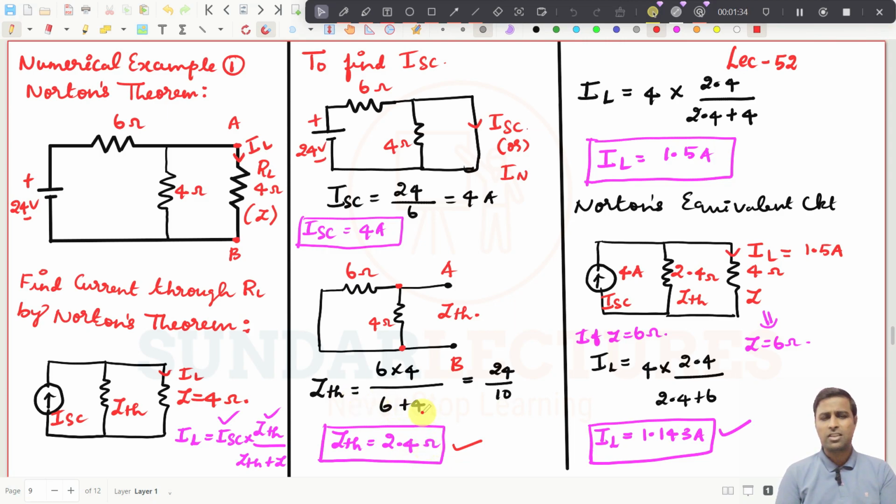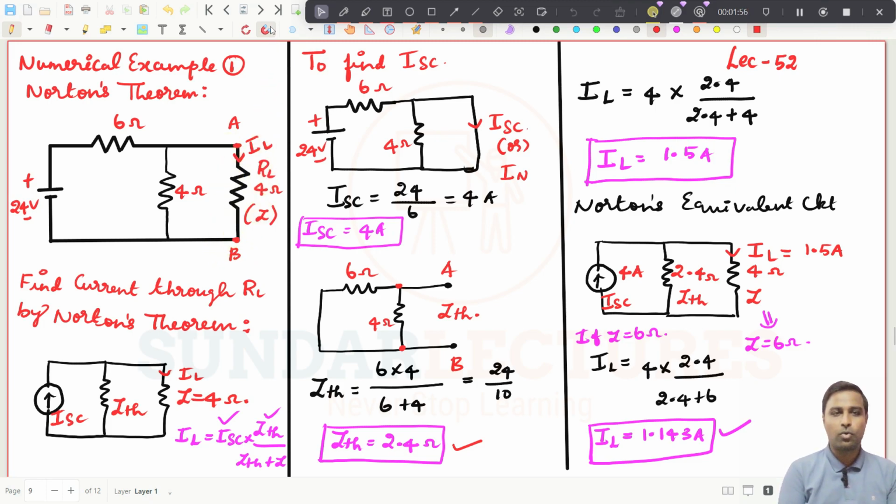The procedure we followed: open circuit the load resistance, short circuit the voltage sources and open circuit the current sources in the network to find the impedance across these 2 points.